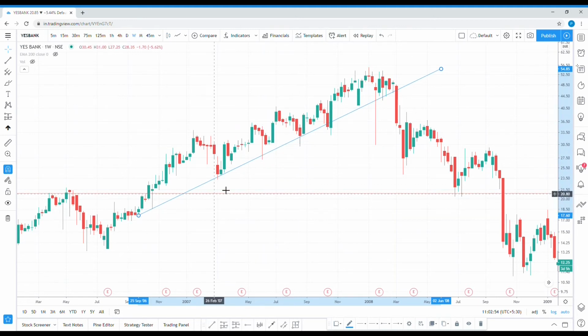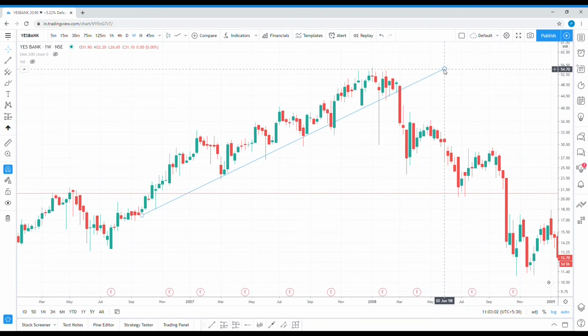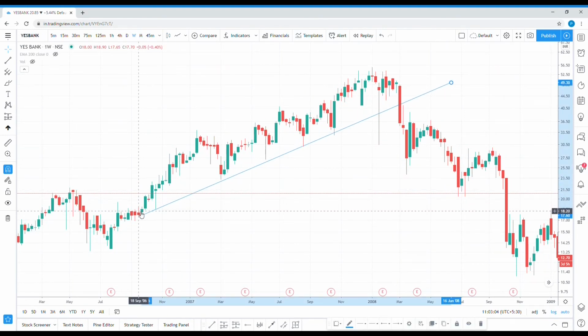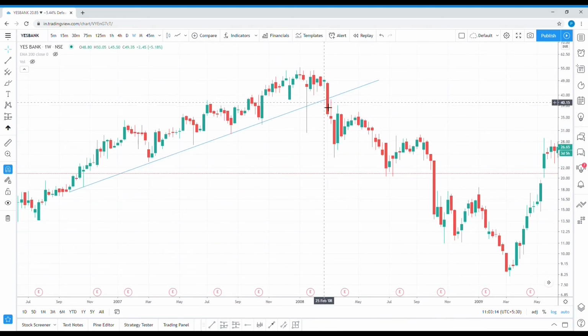So entry 1, entry 2, entry 3, entry 4, entry 5, right? So there were so many entries in this uptrend. It was going up, it went down to this trend line, then it was going up, then it went down to this trend line, then again went up, then again went down. So there were so many entries, right?